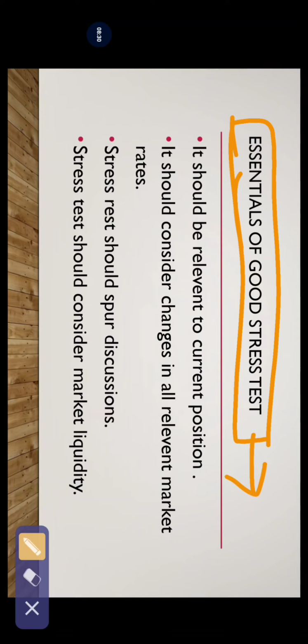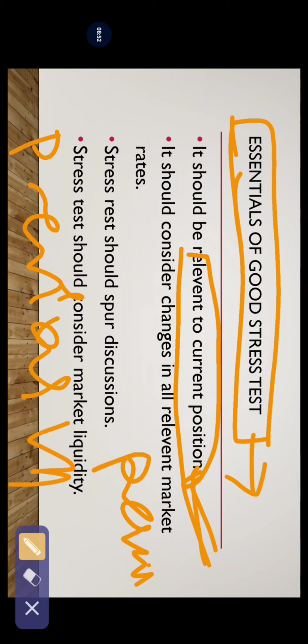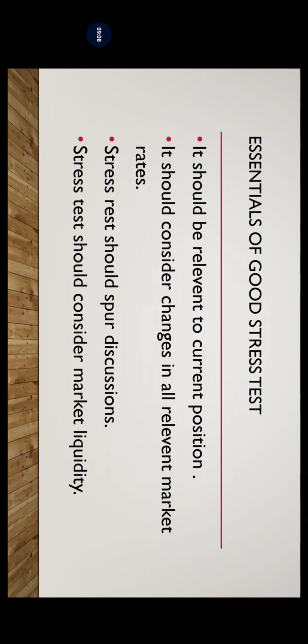One most important thing, which is already repeated, is we should revalue our portfolio depending upon the current situation or current position and the present values, not on the previous estimations, previous VaR. So a good stress test will always be relevant to the current position. It will be updated, and for calculating the stress, they will consider the current information available. So that is the first thing.